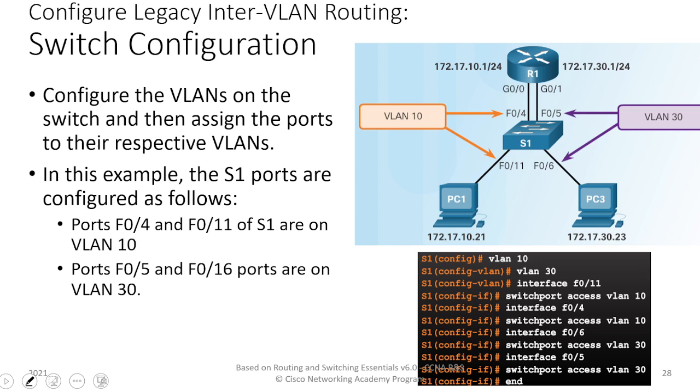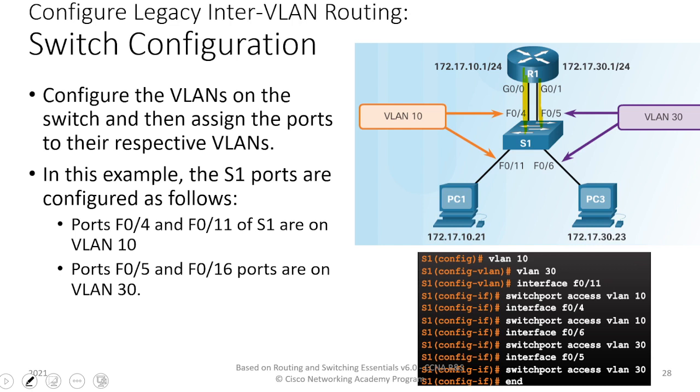So when we are configuring on the switch side, we will configure which interfaces are connecting to which networks, and we will configure the interface connecting to the router also with the appropriate VLAN ID.